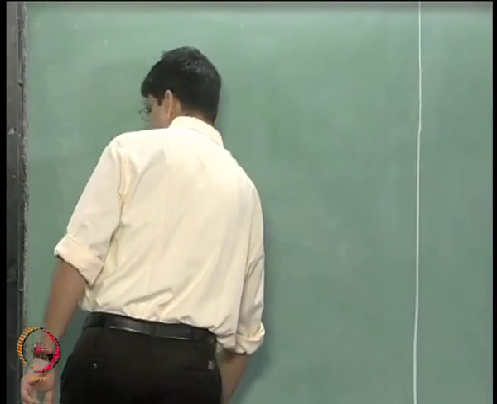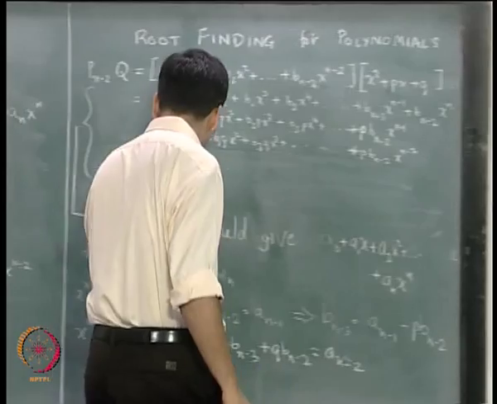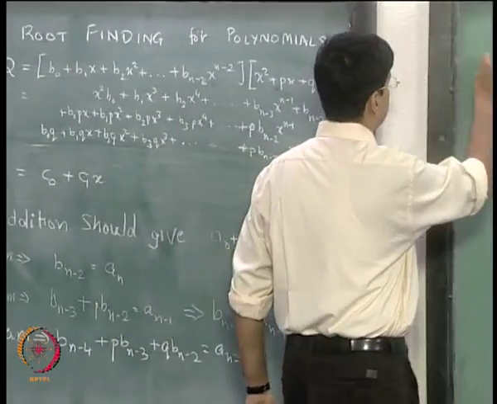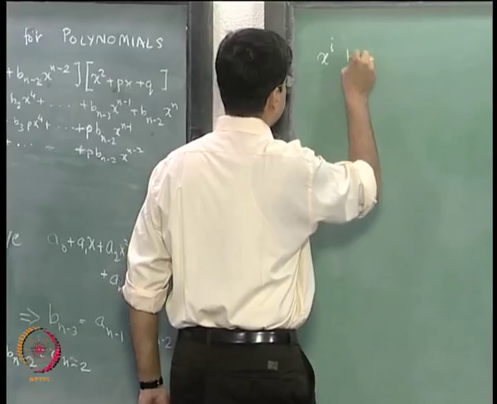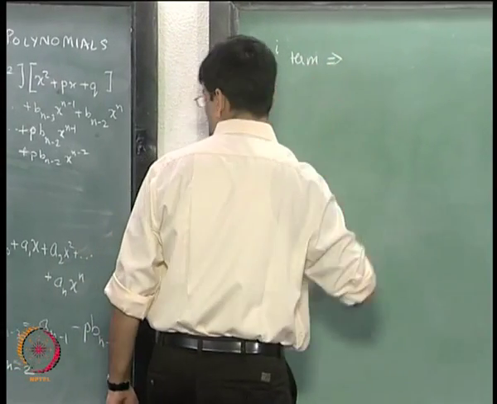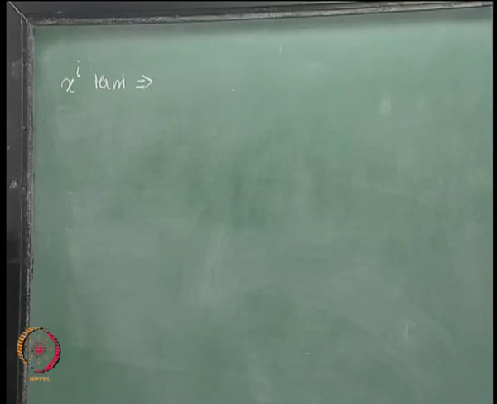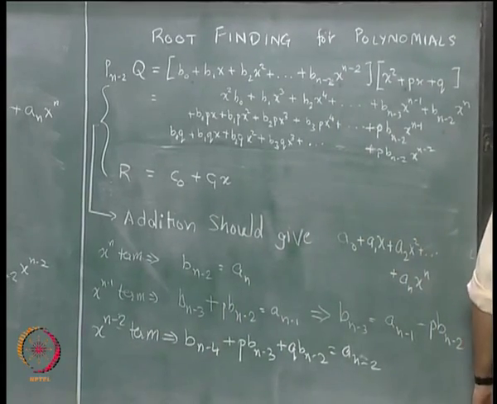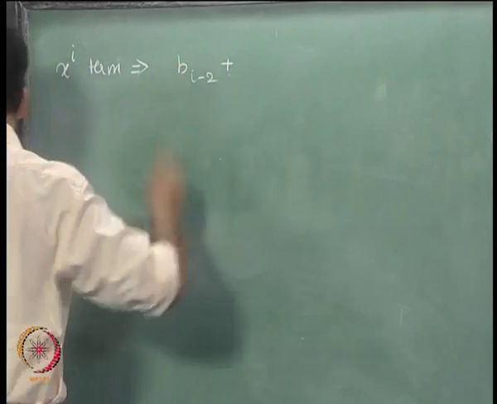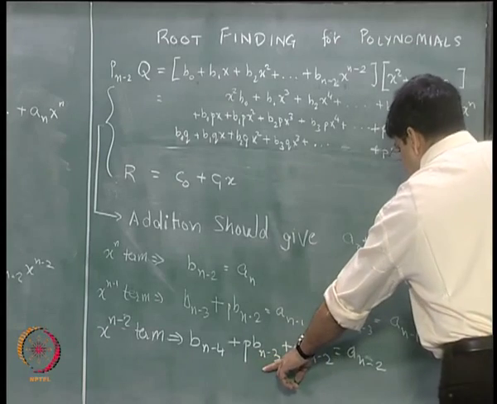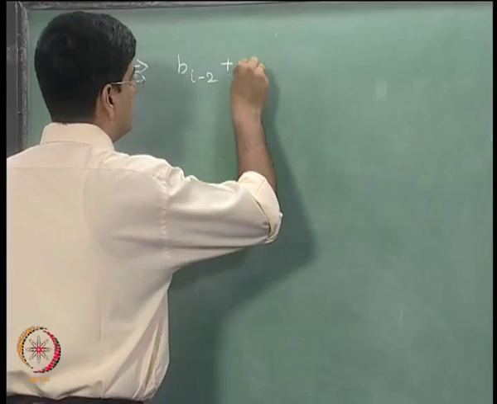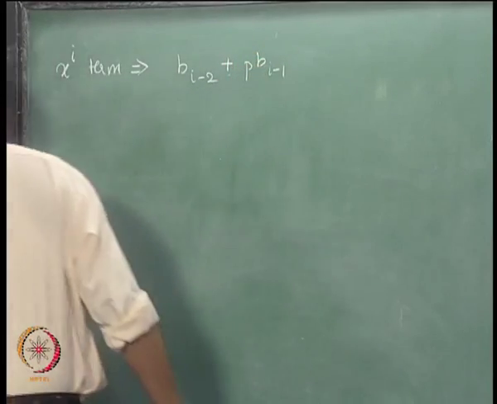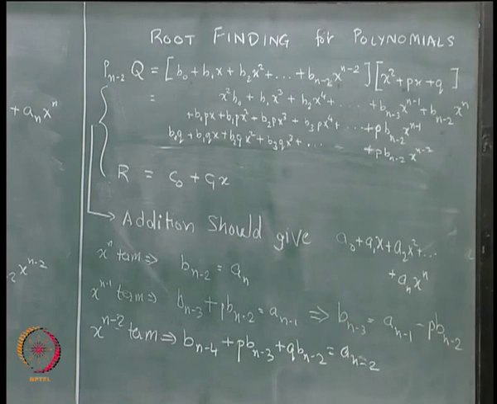For any ith term, if we look at this particular thing, for x to the power i, we will get b i minus 2 plus p times b i minus 1 plus q times b i is going to be equal to ai.